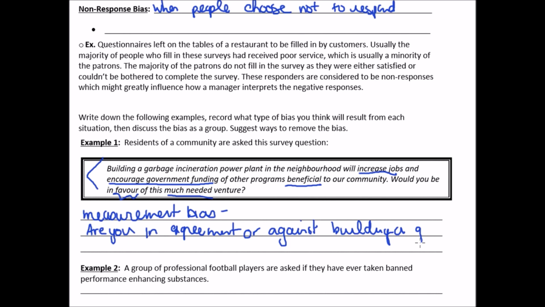So it's good because you're still telling the audience what's going up, a garbage incineration power plant, PP. So you're still telling what it's about. That doesn't have a negative connotation. That's just the actual word for it. And then are you just in agreement or against? So it gives the audience both options.